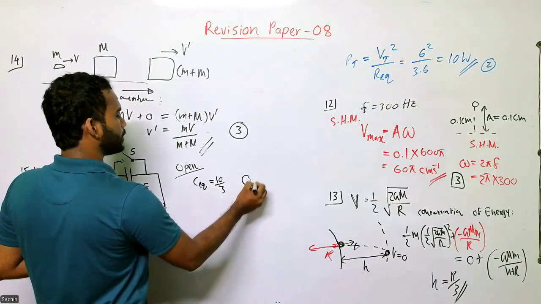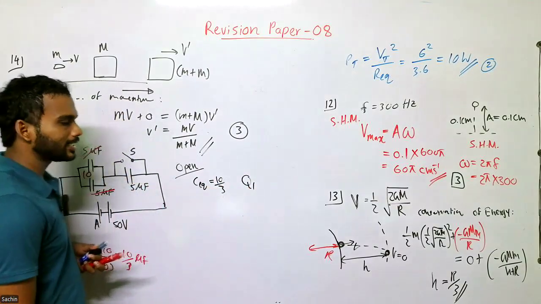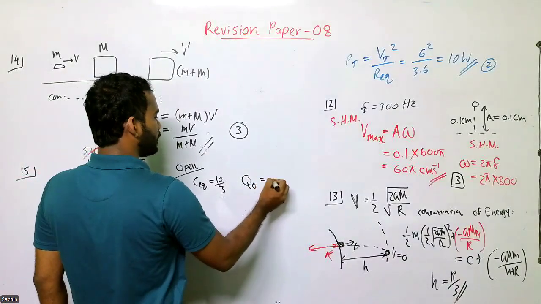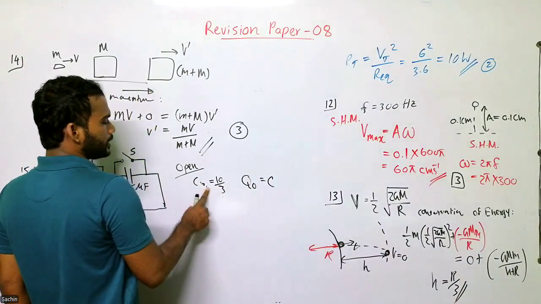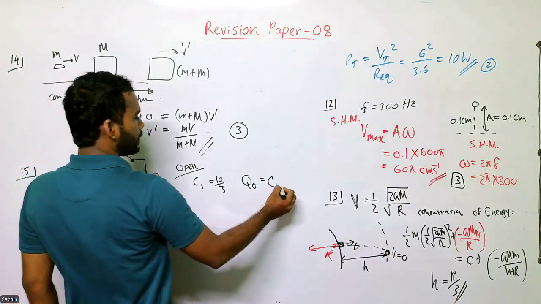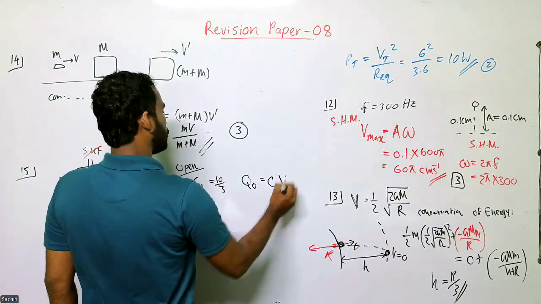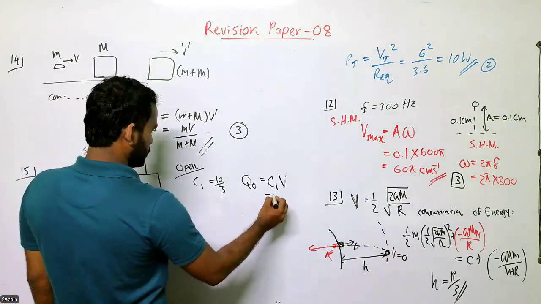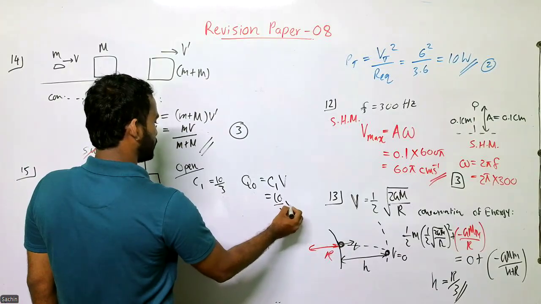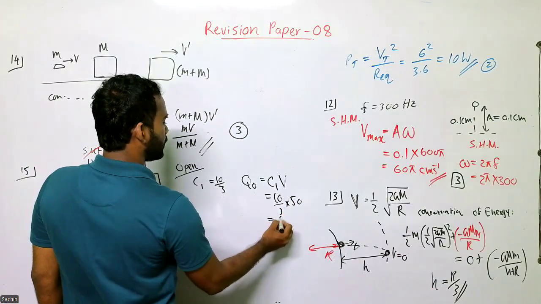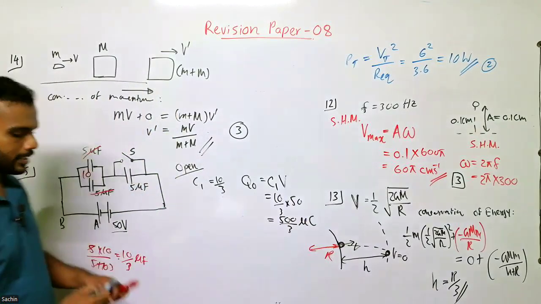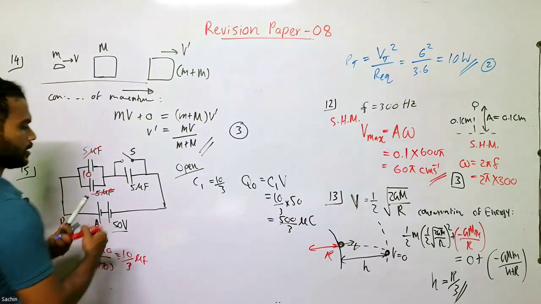And now you can evaluate the total charge in the first case, the open case, let's say Q_O. It should be equal to C1 times the total voltage. The total voltage given is 50. So 10 over 3 into 50, that is 500 over 3 microcoulomb. This is the charge stored in the first case.